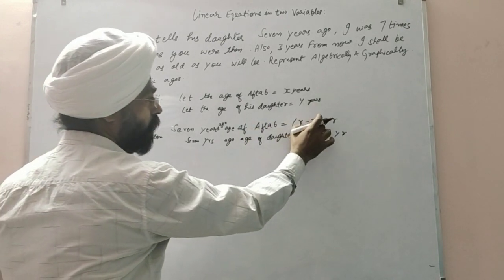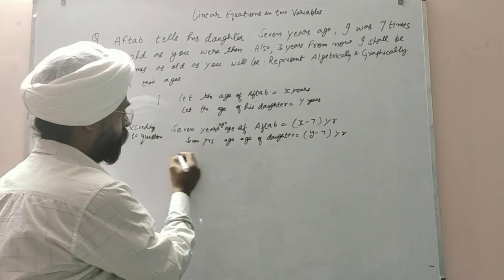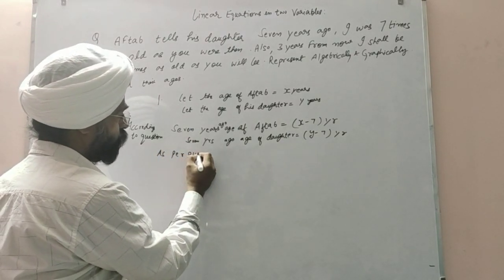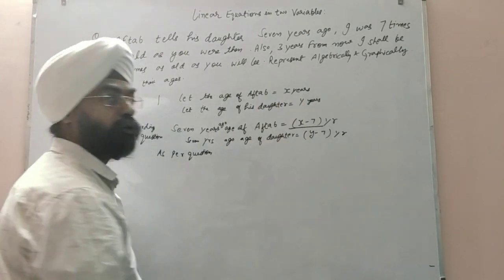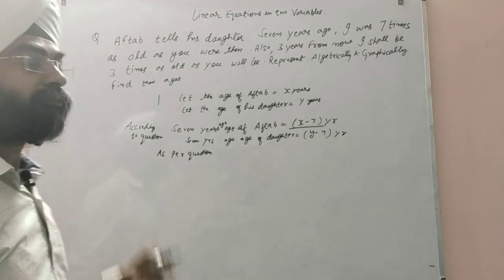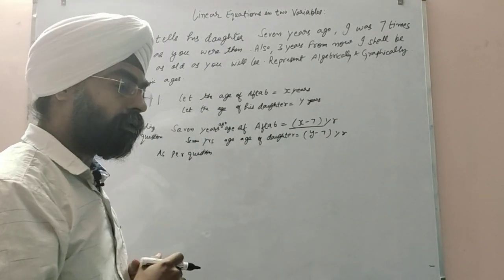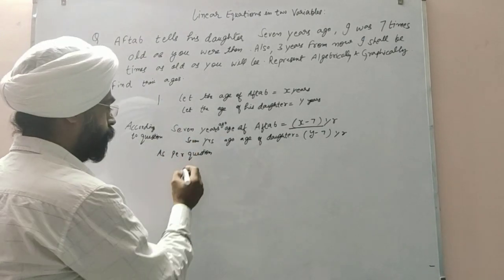Aftab will come towards the left hand side of the equation, because Aftab is elder. The higher number or the elder age always comes towards the left hand side.